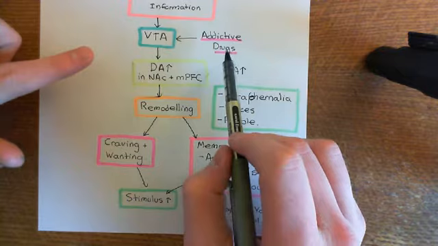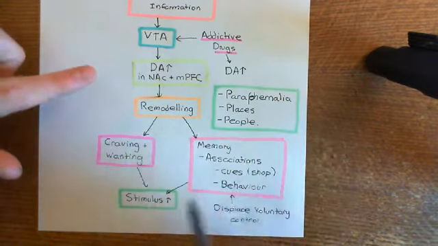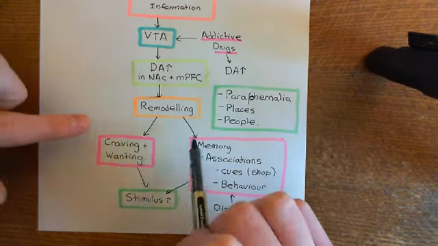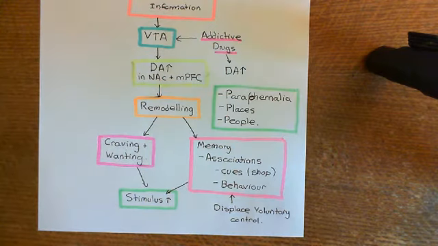Instead, the addictive drugs just continue activating this system. They continue activating the remodeling all the time, and eventually the drug-seeking behavior can just dominate the lives of these people who take these drugs, to the cost of everything else.